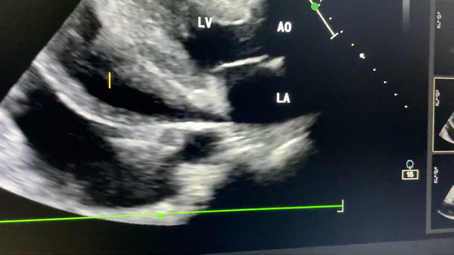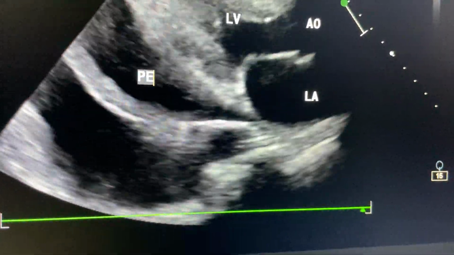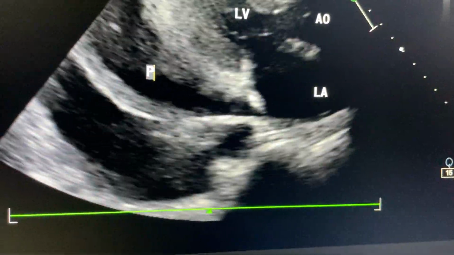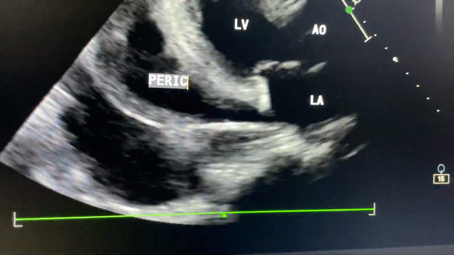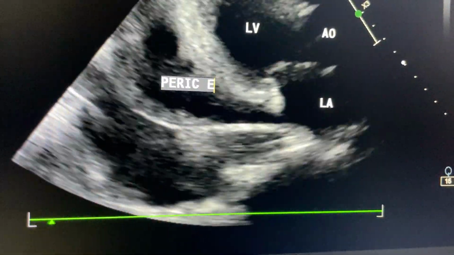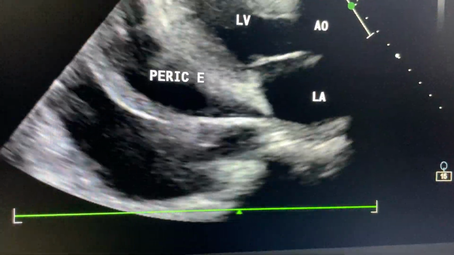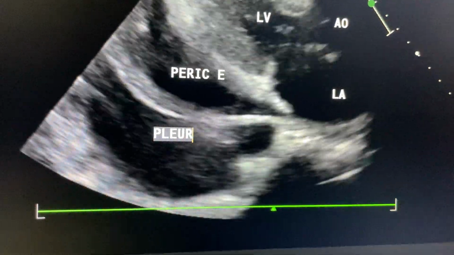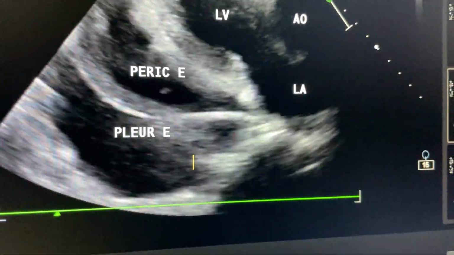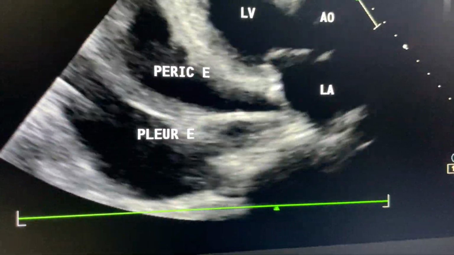This is pericardial effusion. Pericardial effusion. This is pleural effusion. This is aorta.